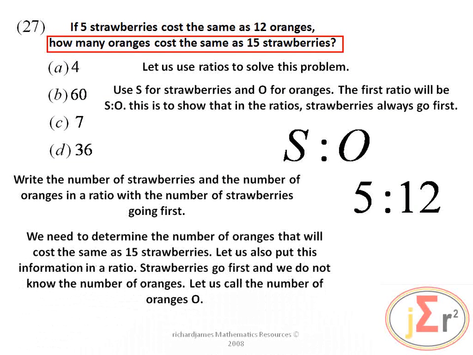We need to determine the number of oranges that will cost the same as 5 strawberries. So let us also put this information in a ratio. Strawberries go first as usual, and we do not know the number of oranges, so let us call the number of oranges O.